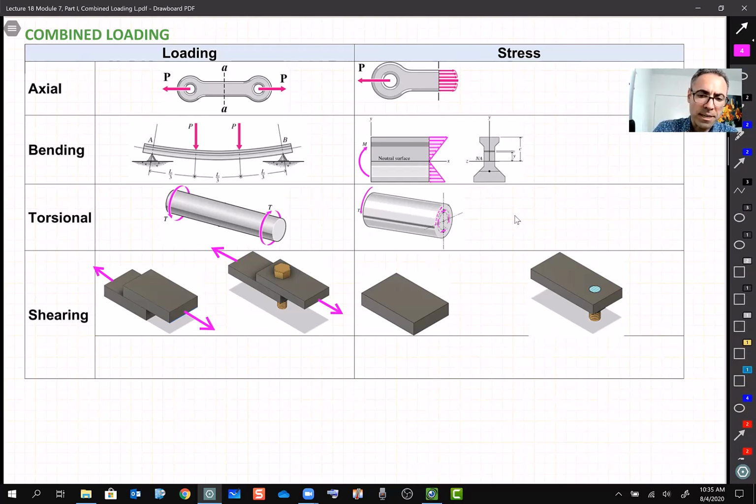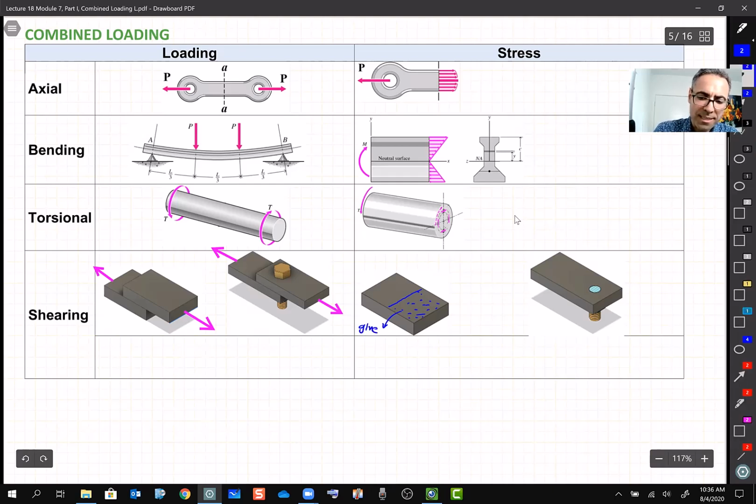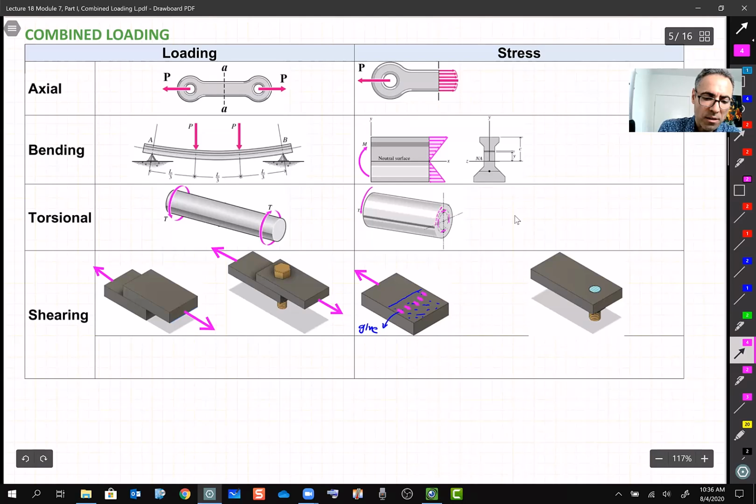For the first scenario, let's say this is the area where we glue things together, the glue area. Then in order to cancel this force that we have here, we also have to have a small shearing stress on this area, on the glue, right?